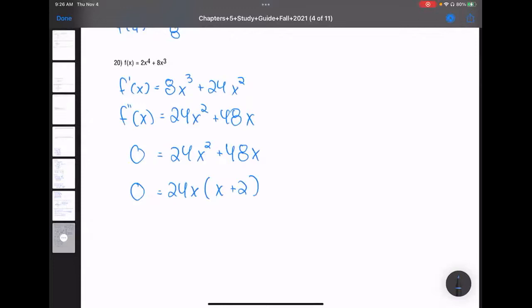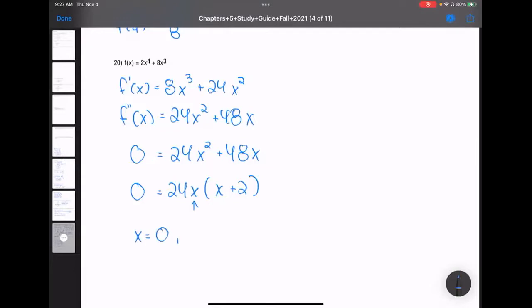So we see that if we plugged in 0 for this value, we'd have 24 times 0 times whatever's on the inside, which means that x is a solution when it equals 0.